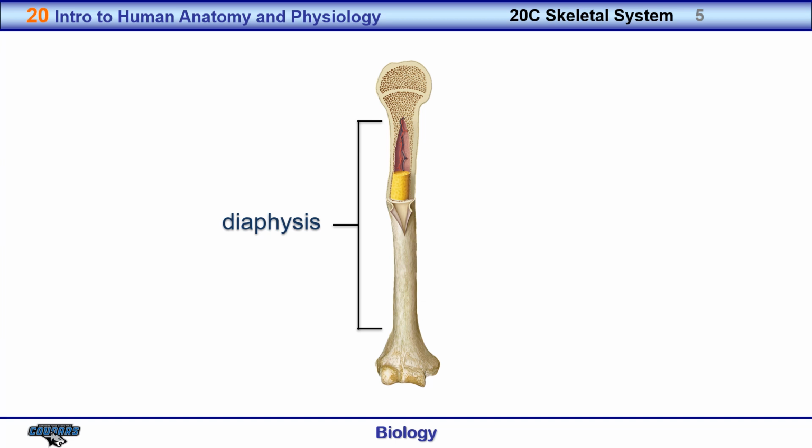Now, we have long bones and short bones. The long bone has two basic regions. We have the diaphysis, or the shaft of the bone, and then we have the epiphysis, which is the ends of the bone.